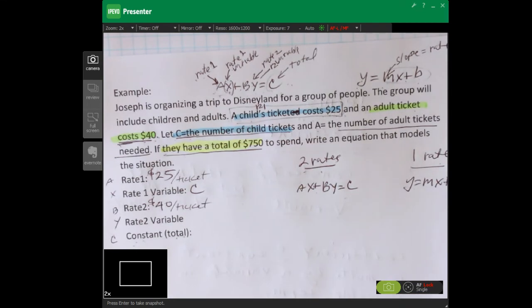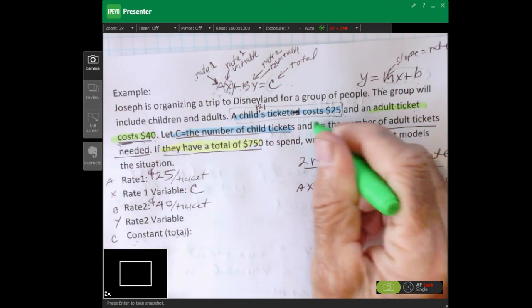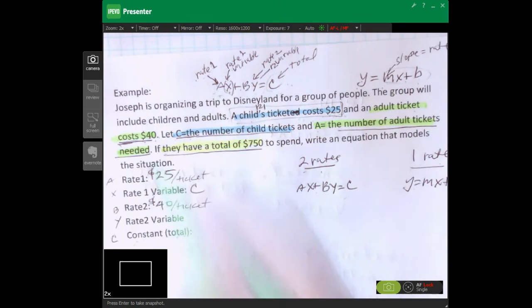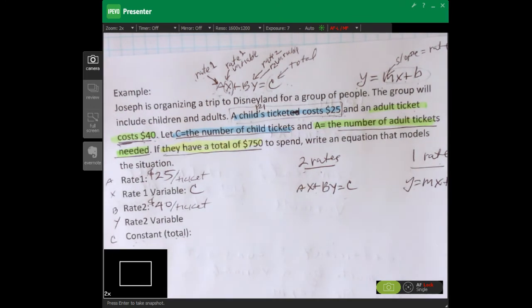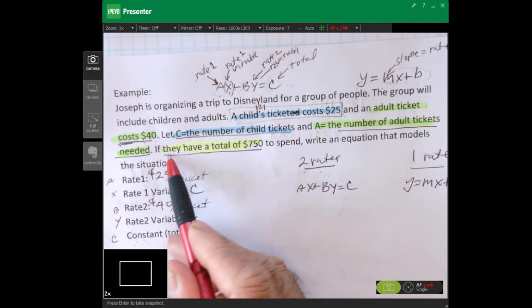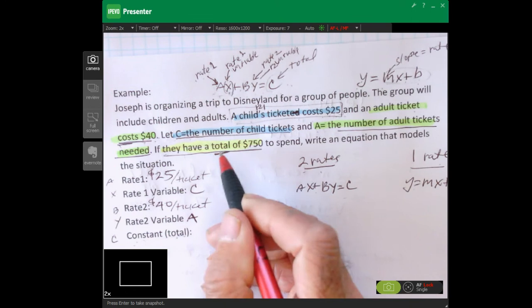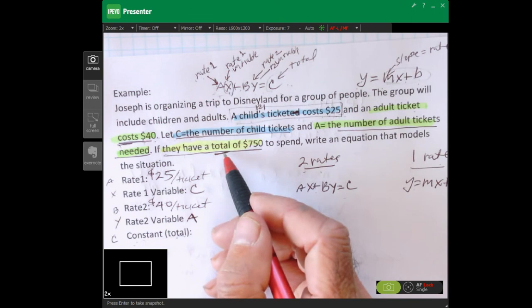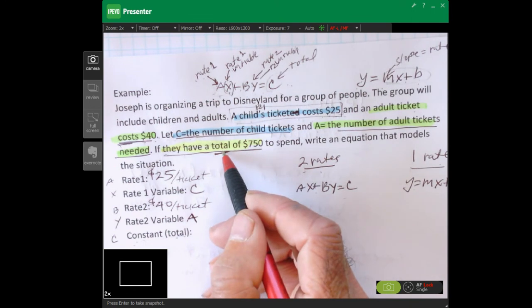The adult tickets, that goes with the number of adult tickets needed. Okay, that's going to be A. And then finally, they have a total. Now sometimes the word total won't be in the phrase. If it is there, then it makes it easy.